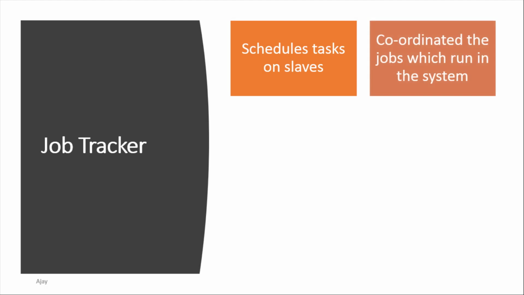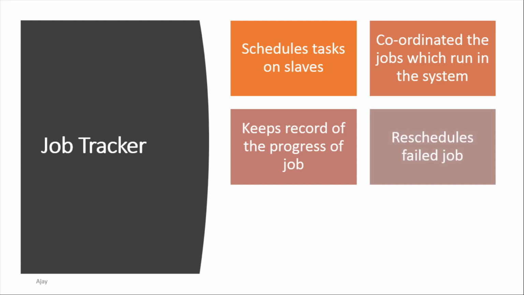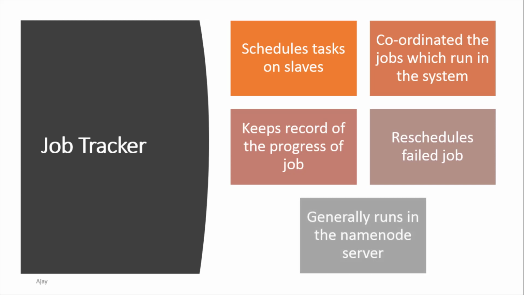Job tracker takes care of this coordination. It keeps record of the progress of each mapper and reducer job. If any of the mapper or reducer job fails, then job tracker would reschedule it. Since it is the master and is the anchor of every MapReduce task, it usually executes on a powerful server like the one which executes the name node.